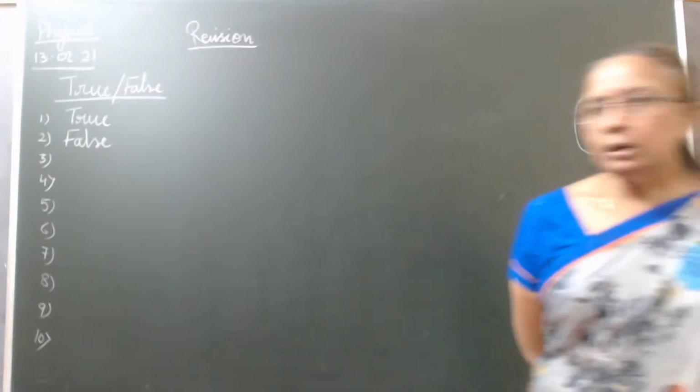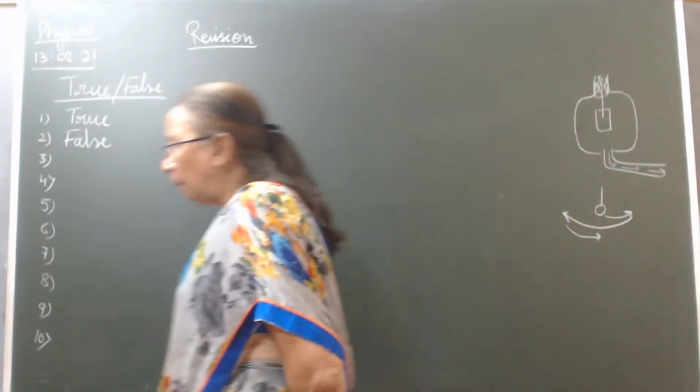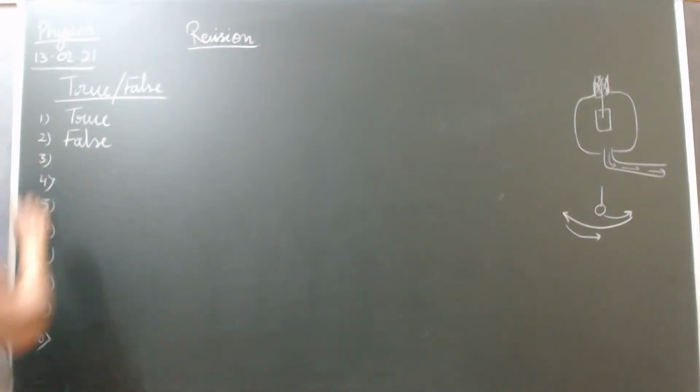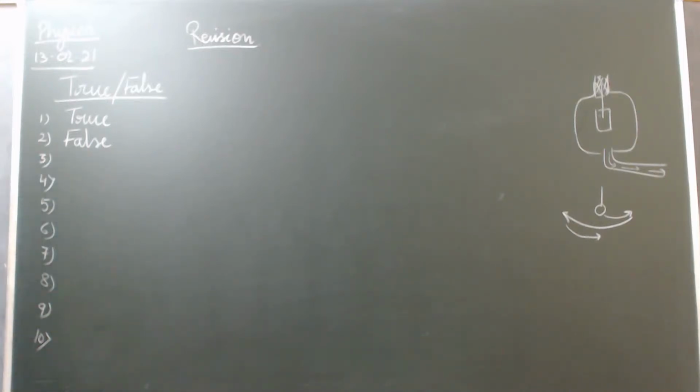That is one oscillation, and the number of oscillations per second is known as frequency. Here it is given as time period. No, the correct answer is frequency. So it is false.